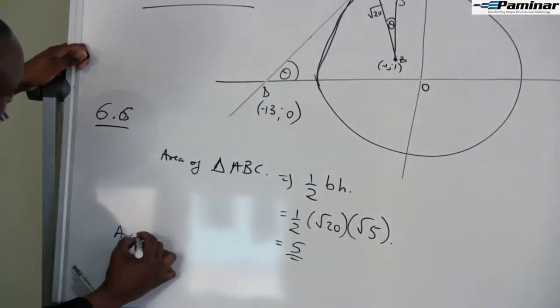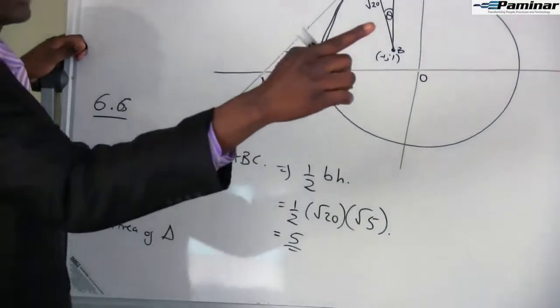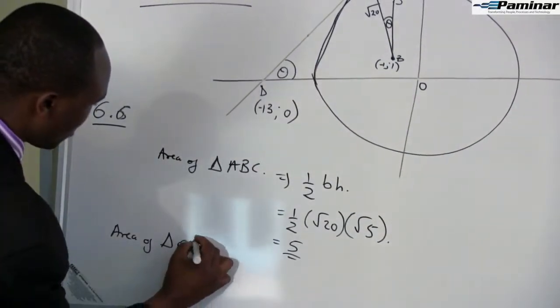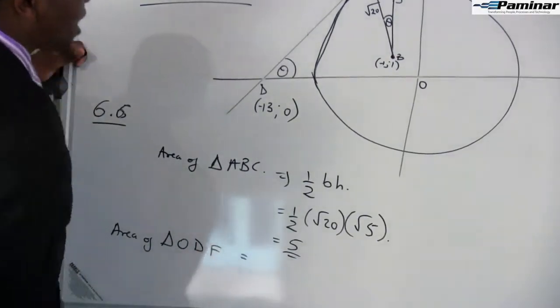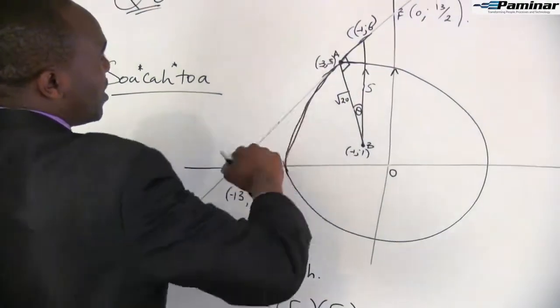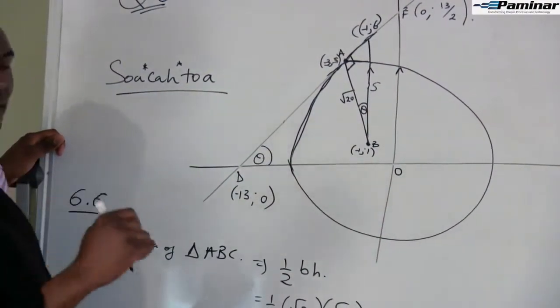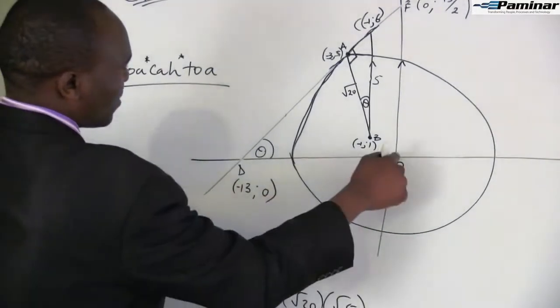Now area of triangle, now we are looking at ODF. Triangle ODF, this big one. Remember, it's also a right angle triangle. But what is this to there?